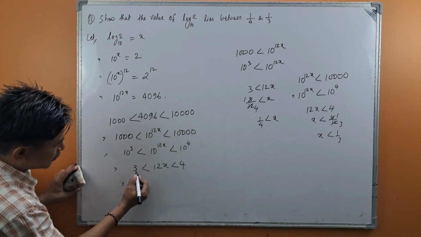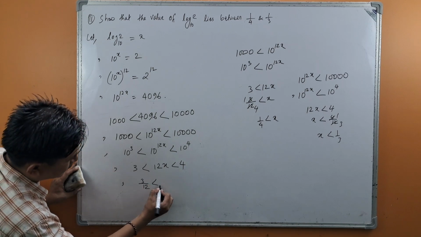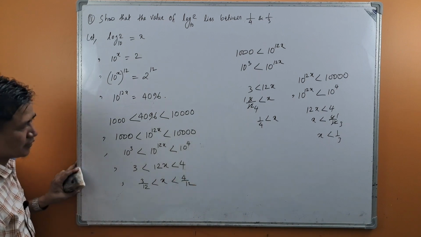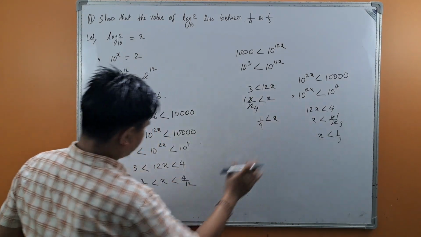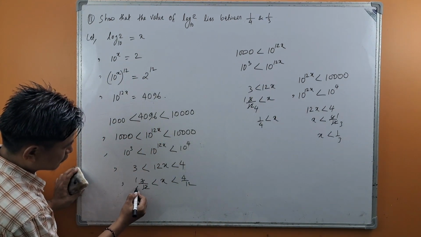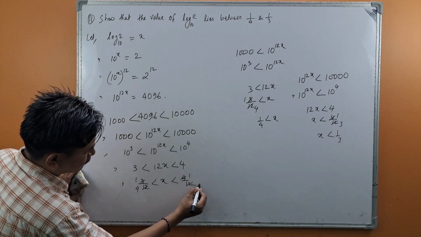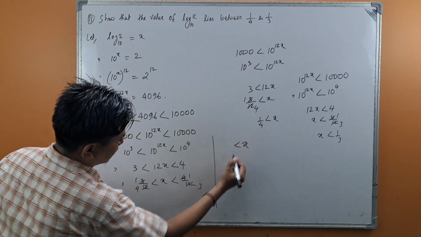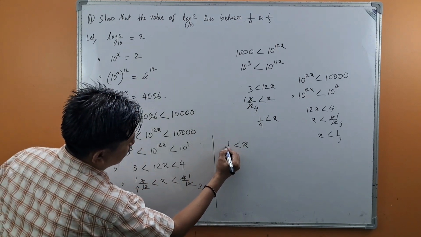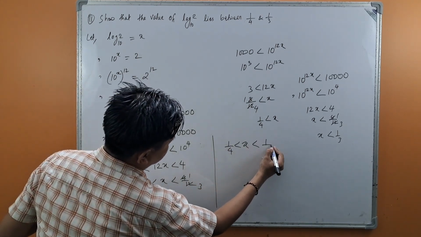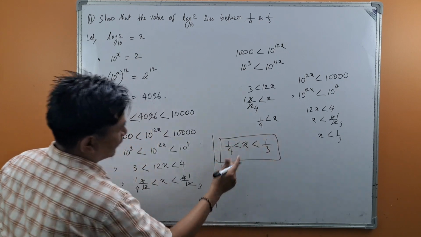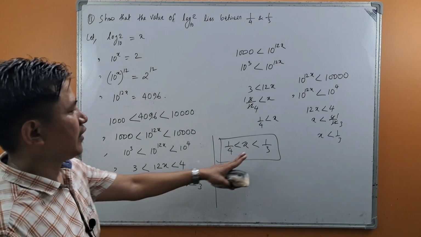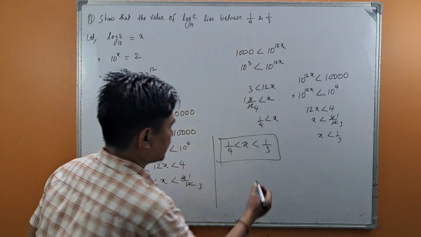So 3 upon 12, x, 4 upon 12. Comparing separately, 3 upon 12 is 1 by 4 and 4 upon 12 is 1 by 3. So x is greater than 1 by 4 but lesser than 1 by 3, which means the value of x lies in between 1 by 4 and 1 by 3. Okay, proved.